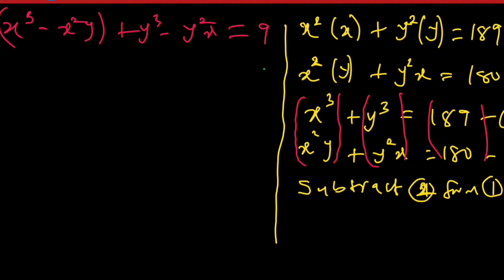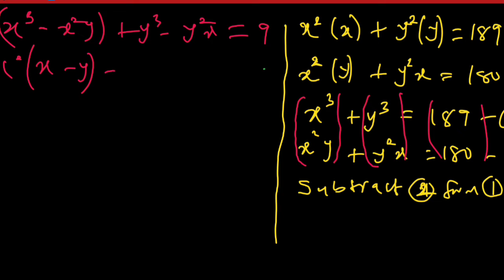Now from here, we notice that x squared is common. If I remove x squared, I will be left with x minus y. Then I can easily remove minus y squared.